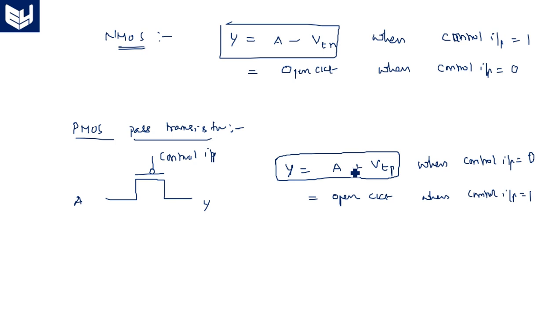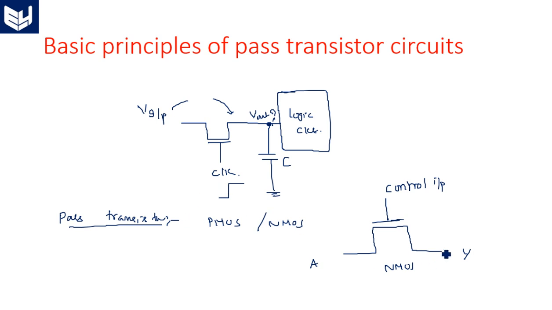Okay, so now with this output voltage, what we have studied up to here. At this point we are having a capacitor at the input of the logic circuit.